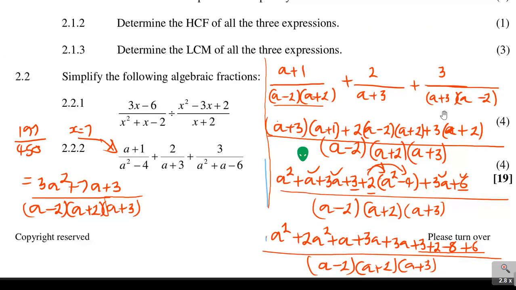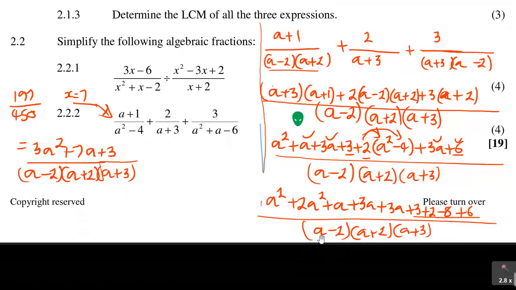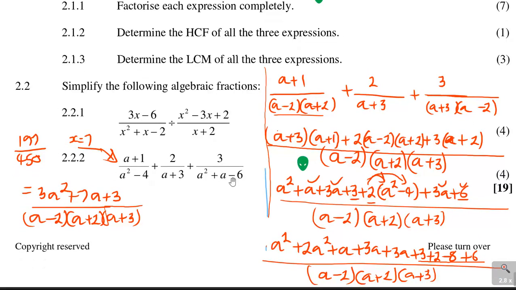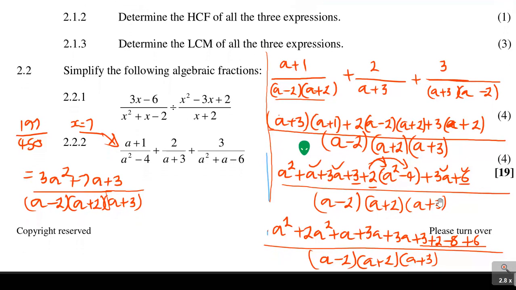See, I've got a, my denominator is a minus 2, a plus 2, a plus 3, which is fine. And on my denominator here, and this is correct, is a minus 2, a plus 2, a plus 3.